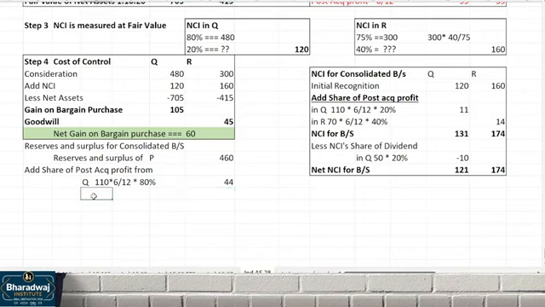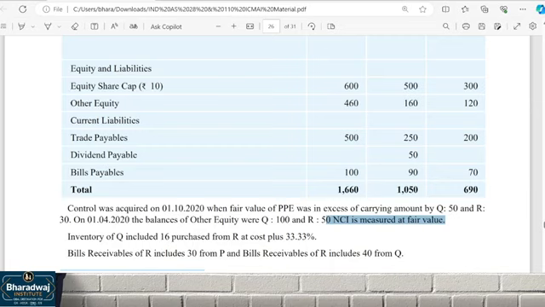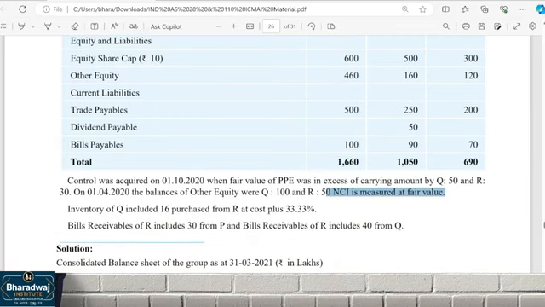Then from R, 70 into 6 by 12, that is 35, into 60%. Then 11. Don't forget less stock reserve. They have sold stock between the companies, 16 lakhs purchased from R at cost plus 33 1 by 3.